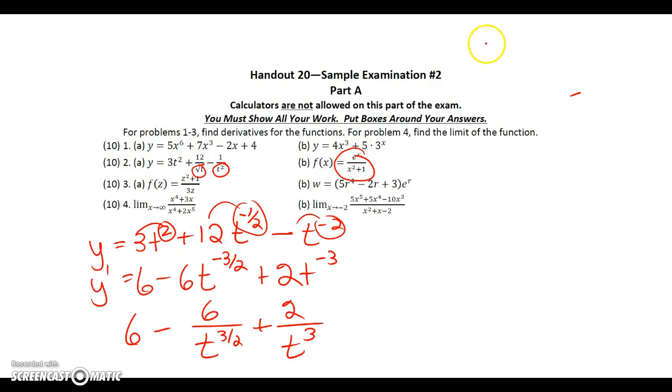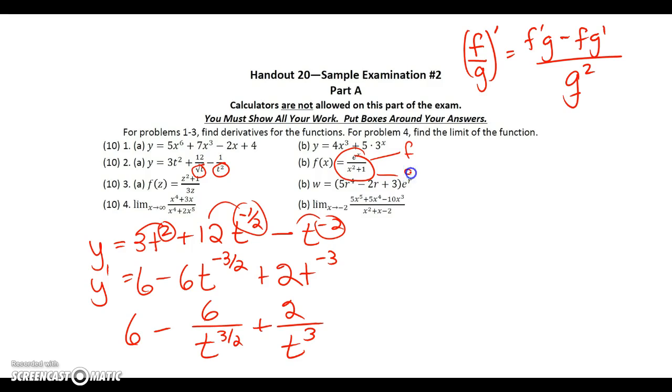Our quotient rule says the derivative of f over g is f prime g minus f g prime over g squared. So let's do this one. Really, that's f and that's g. So first, f prime g: the derivative of e to the x is e to the x.